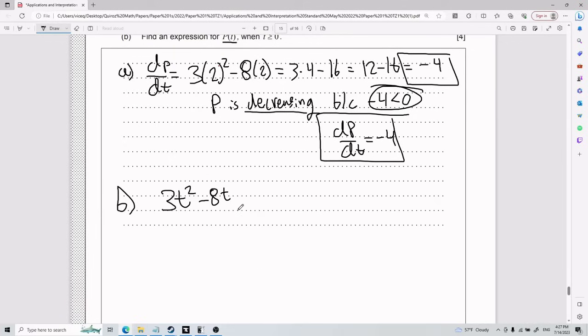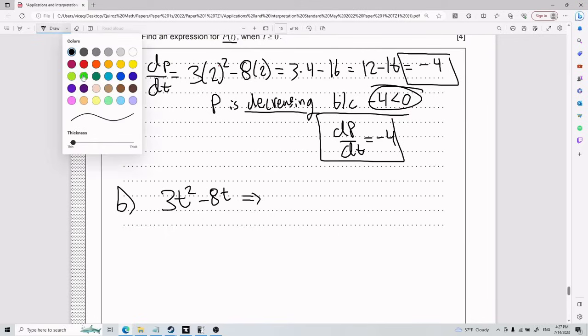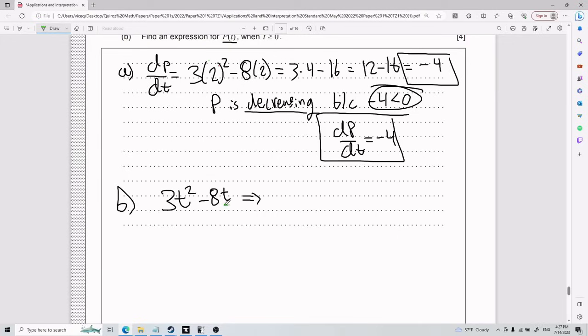If I think initially about how these terms were when they got differentiated: here, because there is a surviving t to the power of 1, that means this used to be to the power of 2. I know that for a fact, so there has to be a t to the power of 2.